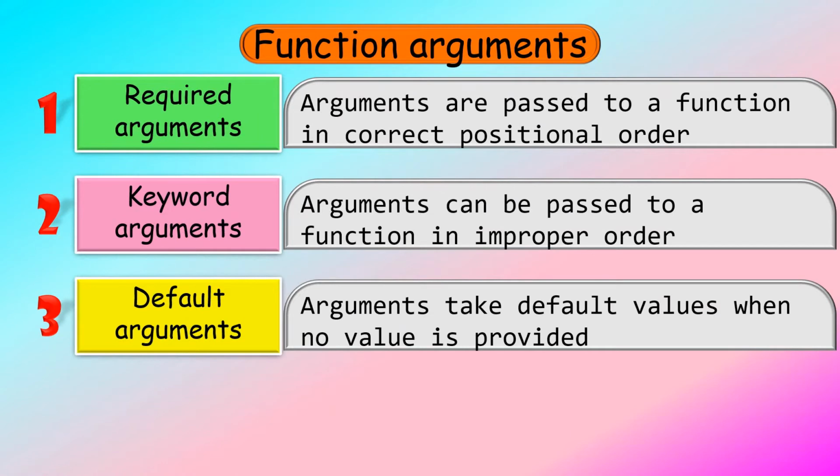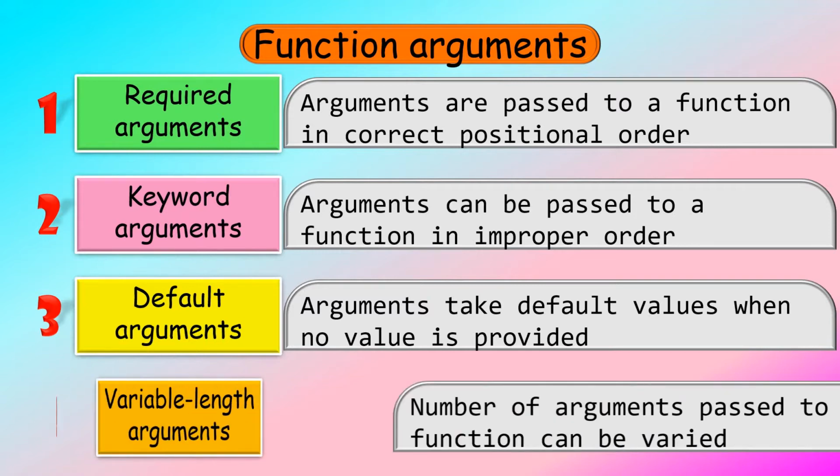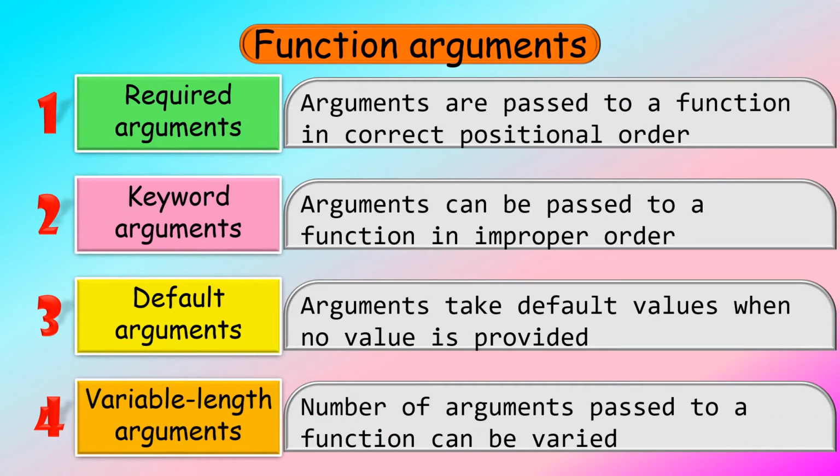Arguments take default values when no value is provided. The fourth type of function arguments is the variable length arguments. In this, the number of arguments passed to a function can be varied.